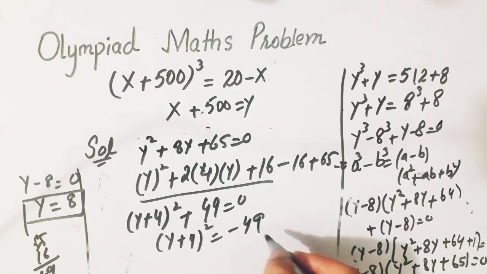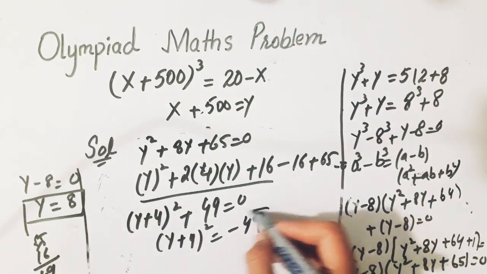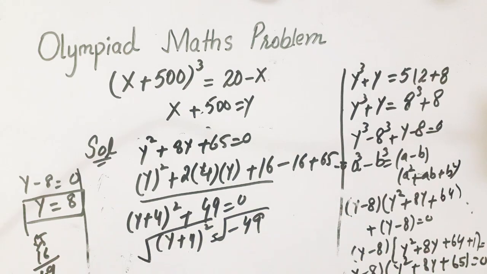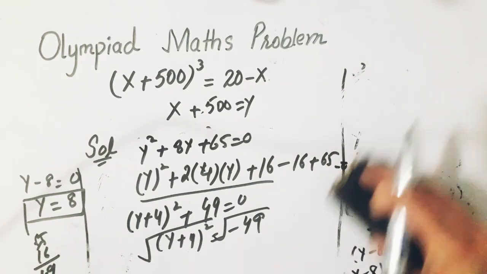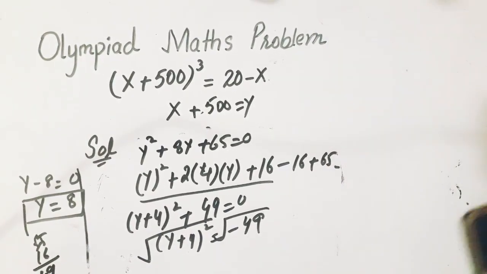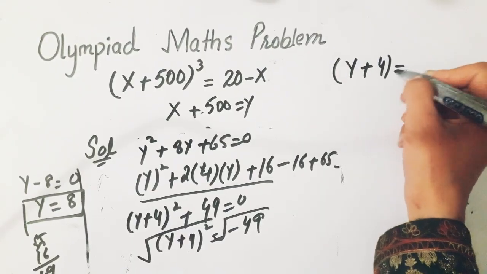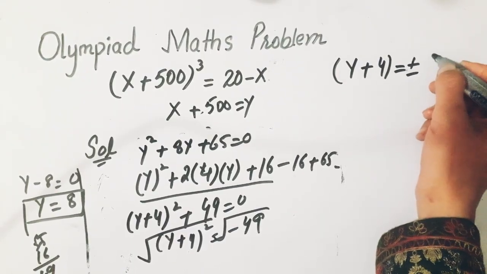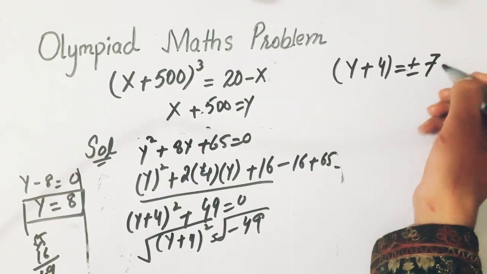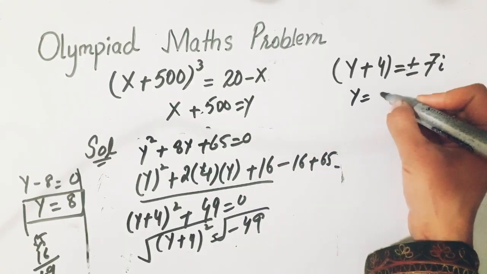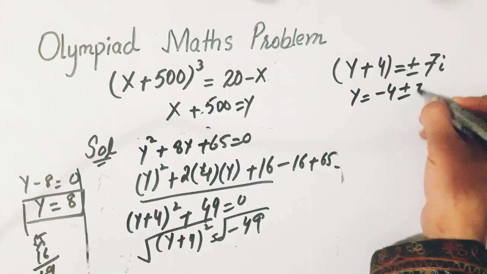Now we take the root and get the final result: y + 4 equals plus minus 7i, because i is root of minus 1. So y equals minus 4 plus minus 7i.